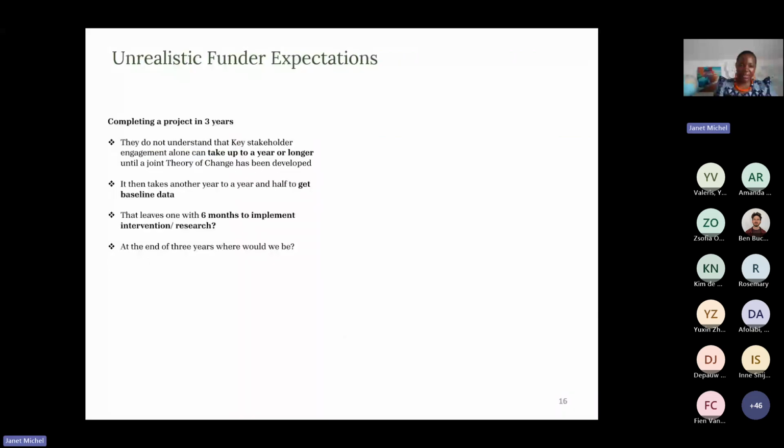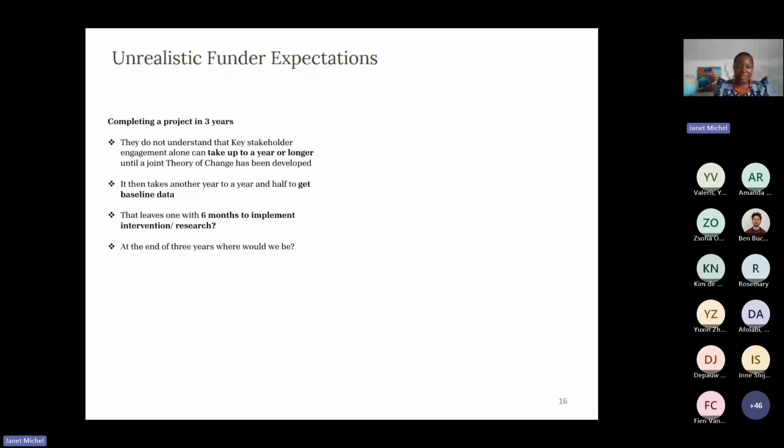There is another issue, which is funder expectations. So consider a program that has to run for 3 years. And the key stakeholder engagement alone can take 1 year or longer. And then it takes another year to a year and a half just to get the baseline data. You want to really make sure, if you want to demonstrate impact, you capture that.